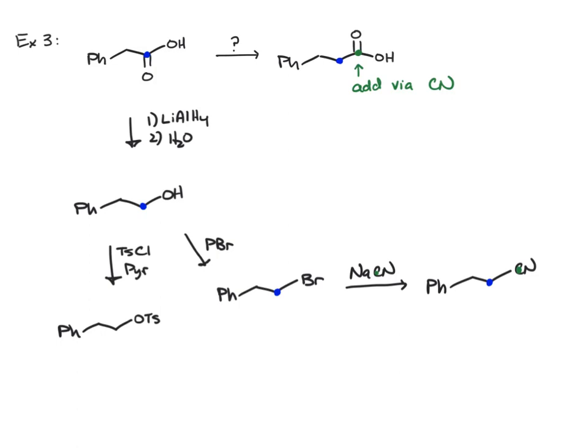From here, now that you have the cyano group, we know that we can hydrolyze that to a carboxylic acid by adding acid and water. Once you do that, you get the carboxylic acid, and we've extended the carbon chain from, we have the phenyl with 2 carbons. Now we have the phenyl and 3 carbons in the chain.